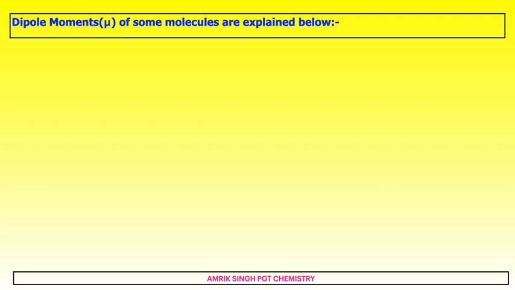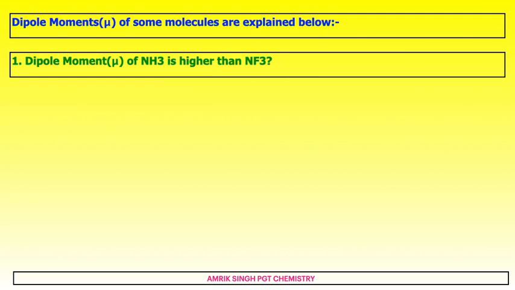Dipole moments of some molecules are explained below. First one is the dipole moment of NH3 and NF3. We have the NH3 molecule. The shape of NH3 is pyramidal with a lone pair, and the dipole directions are shown by the arrows. Hydrogen is partially positive and nitrogen is partially negative.